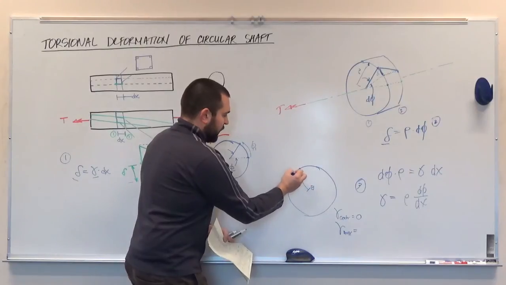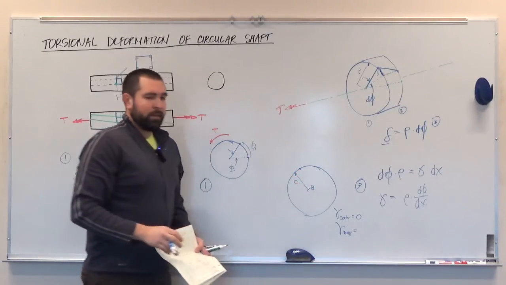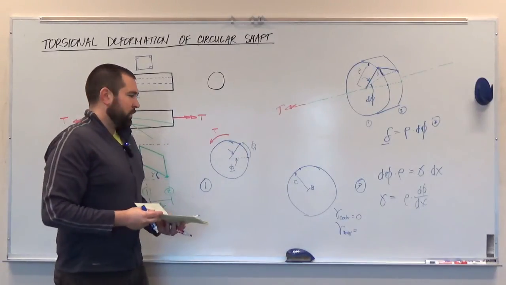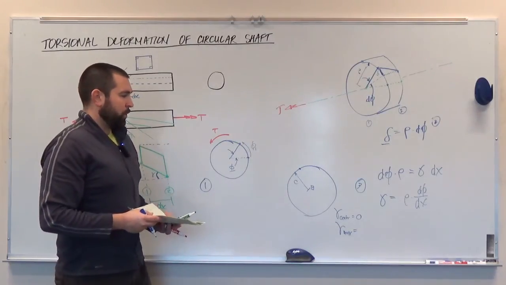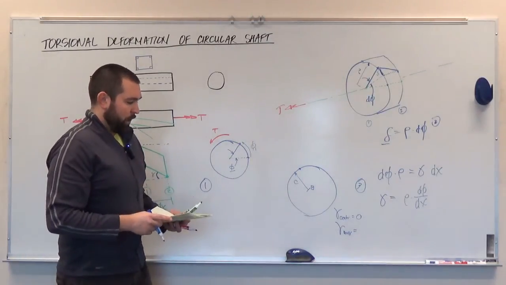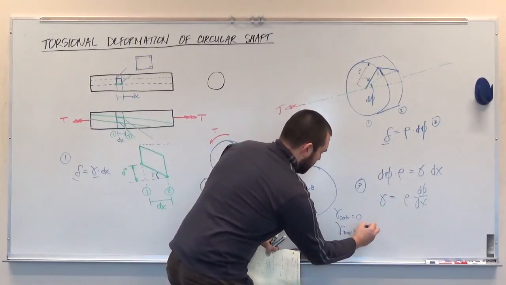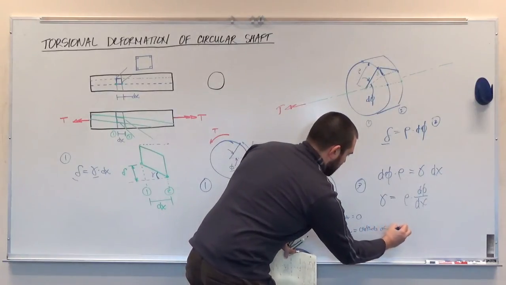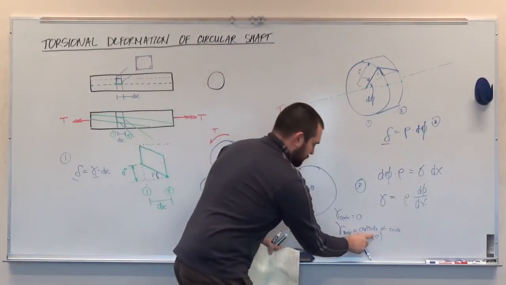This distance right here, that's where rho is a max. It's also known as the radius of the circle. For some reason in your book, they use lowercase c to refer to the maximum distance from the centroid, or the radius. It's just the way that it goes, but this is going to happen on the outside of the circle, in other words, when rho is equal to c.